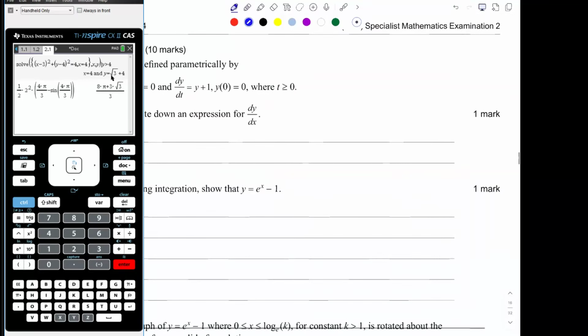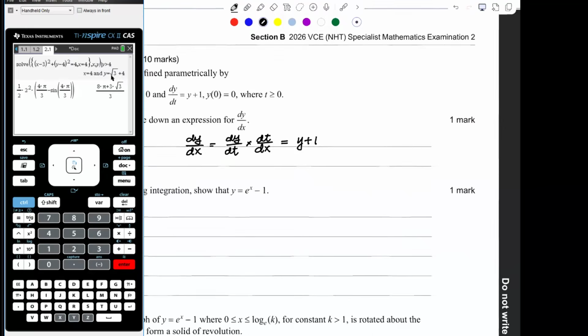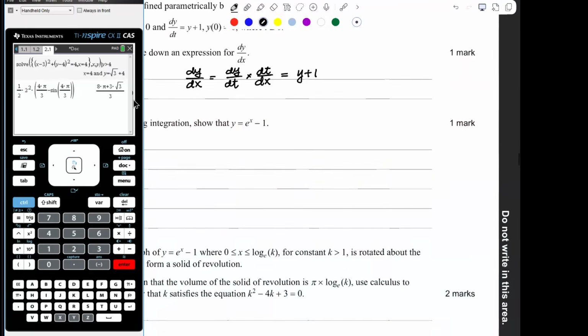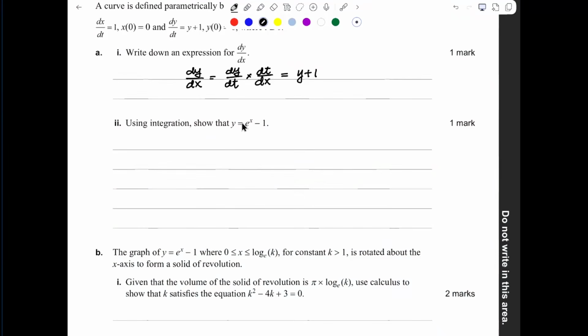Okay, question 3. Chain rule. dy/dx is dy/dt times dt/dx. dt/dx is the reciprocal of dx/dt, so that's just 1. dy/dt, I think that's just y plus 1. Yeah, y plus 1. The question wants you to use integration and show that it's this.